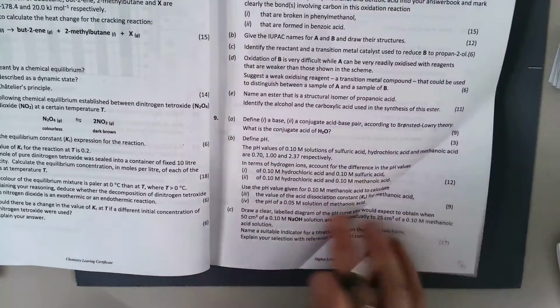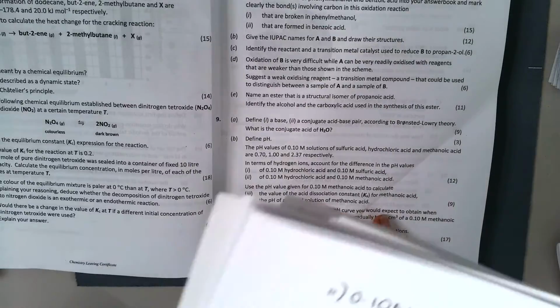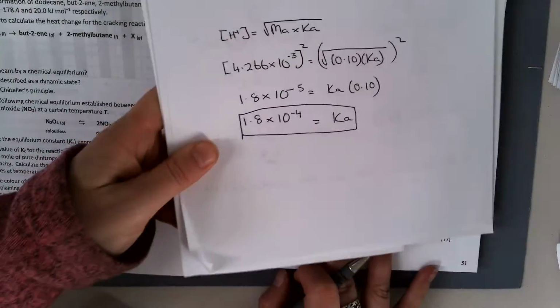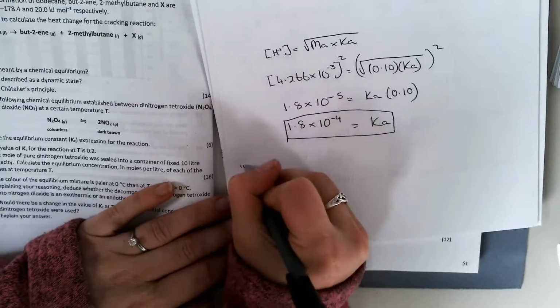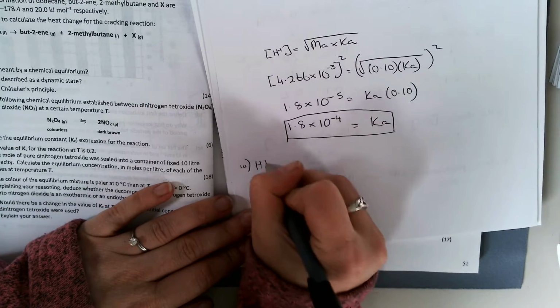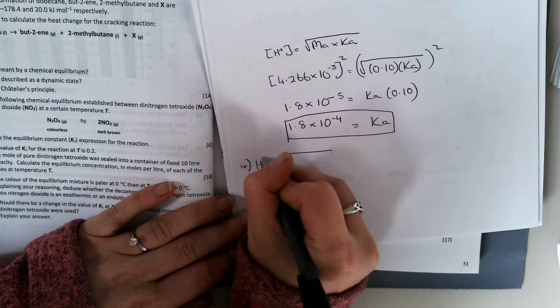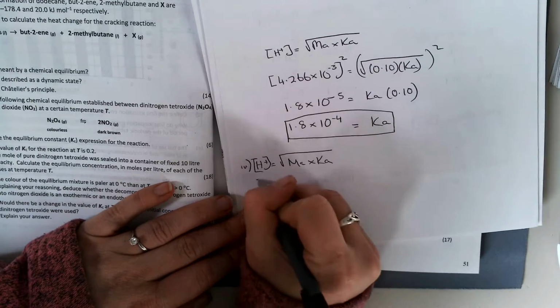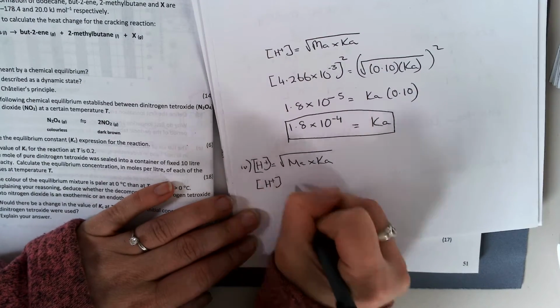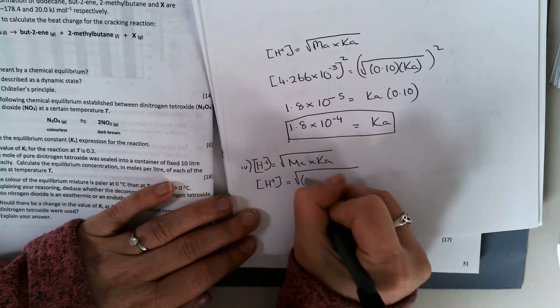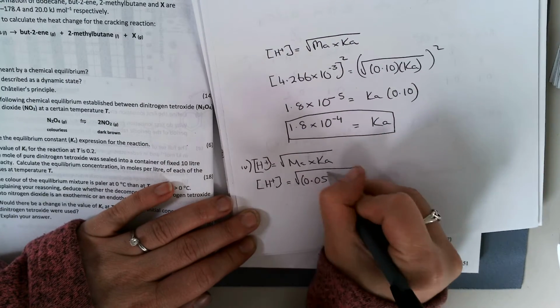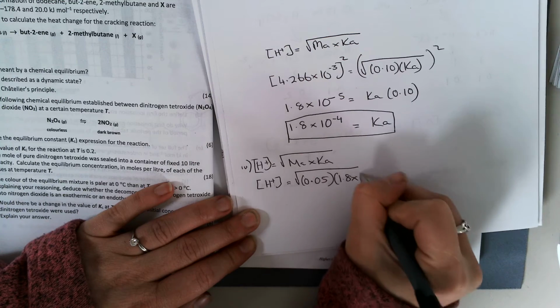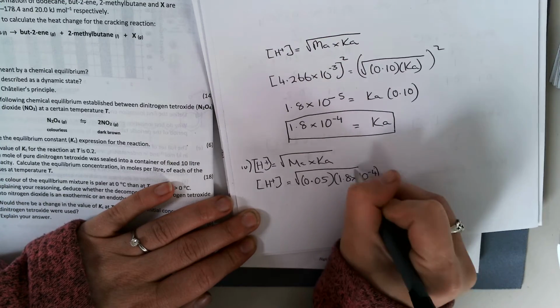Then the last part of this is the pH of a 0.05 molar solution of methanoic acid. So here I'm going to use H+ equals the square root of Ma by Ka. My Ma in this part, I'm told, is 0.05, and I've worked out my Ka to be 1.8 by 10 to the minus 4.